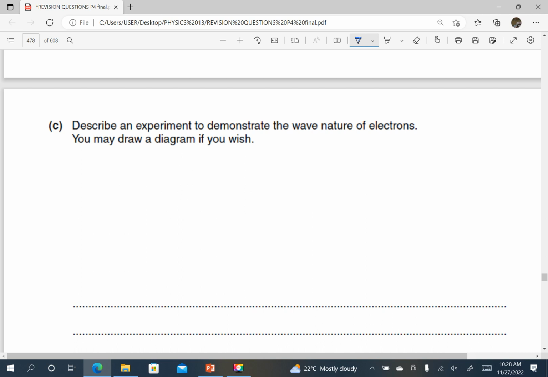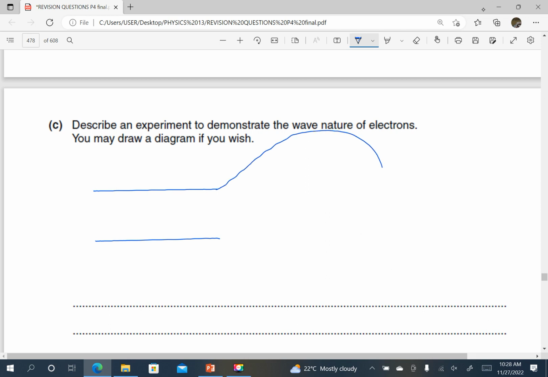I'll try to draw a diagram which is very easy and simple. You can draw a better diagram, there's no problem.